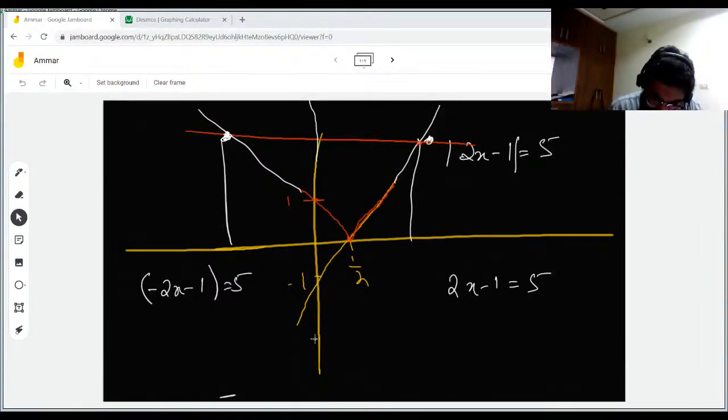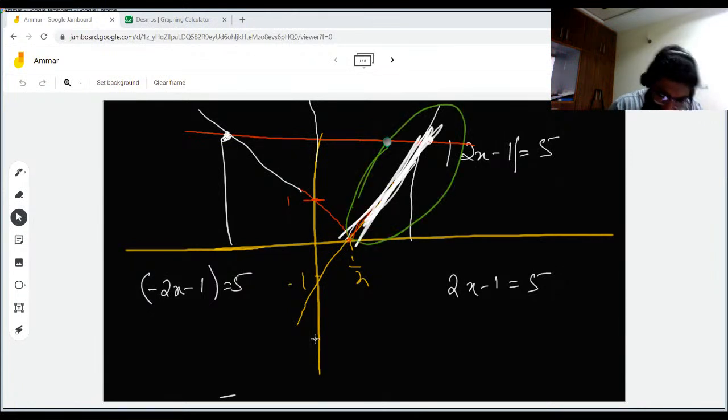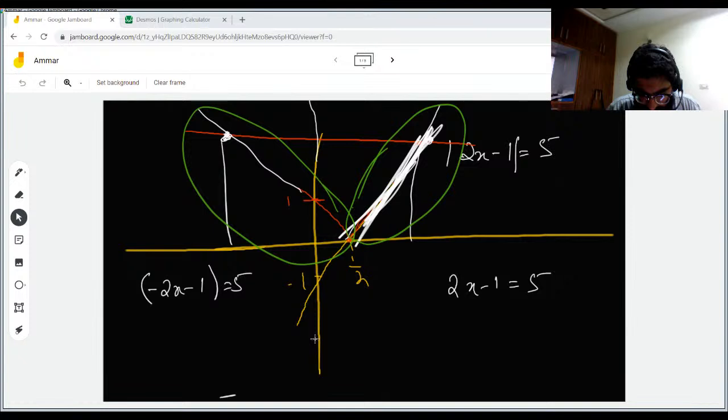It's 2x minus 1, right? In both. This is 2x minus 1. This one is minus 2x minus 1. Because we know when we do mod of f of minus x.